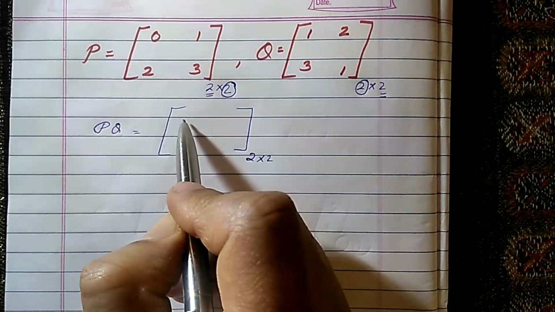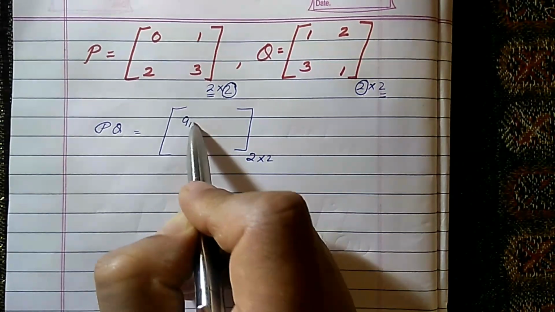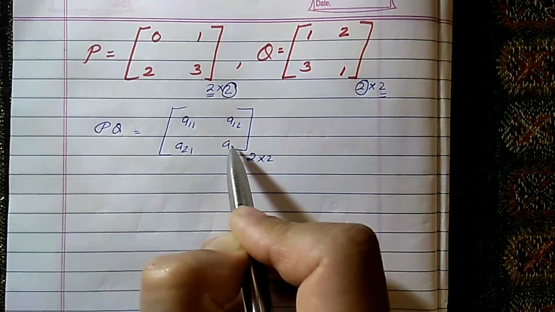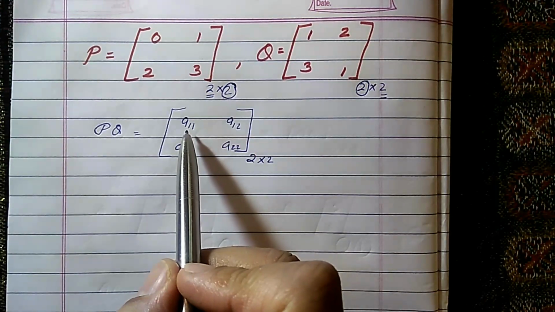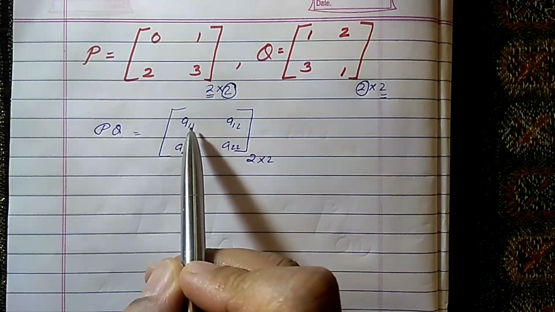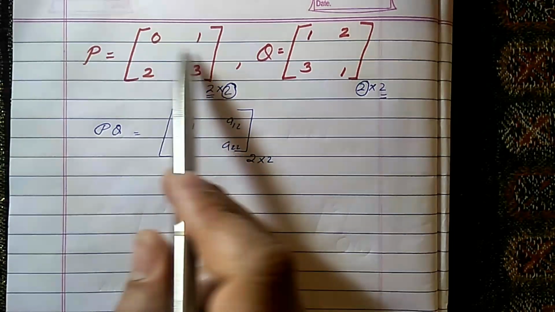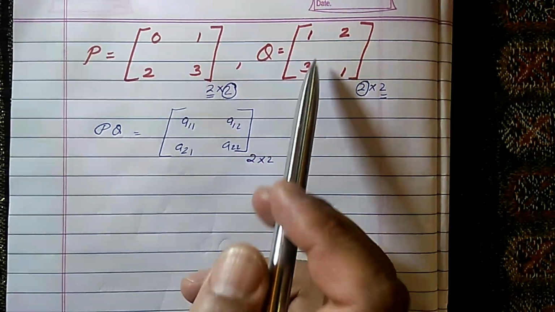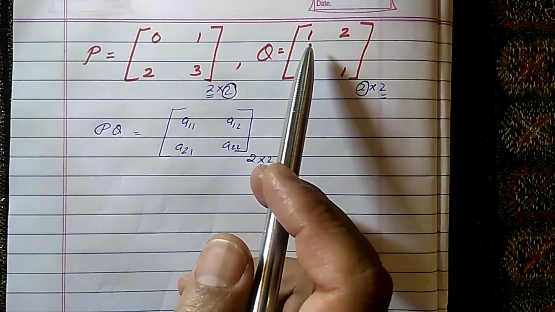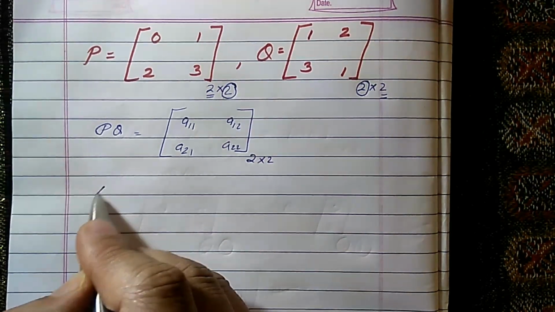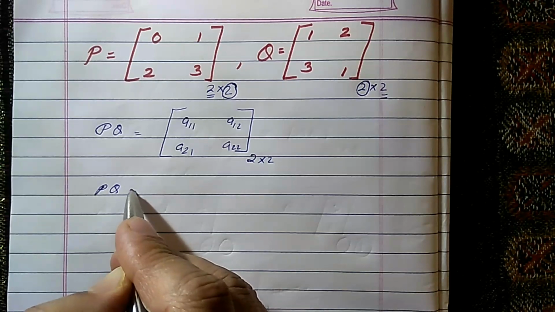So now we will get a 2 by 2 matrix. How do we write the general 2 by 2 matrix? A11, A12, A21 and A22. Now what does this suggest? This suggests that to get the first element, we must multiply the first row of P with the first column of Q and so on. So let us now find out the product PQ.